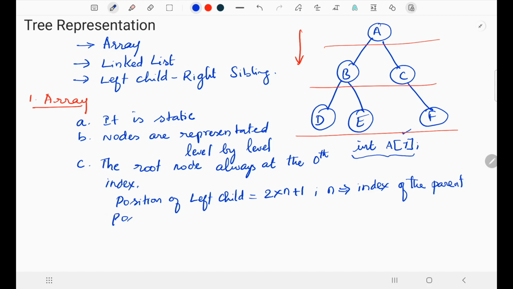And the position of the right child equals 2 into n plus 2, same thing, where n is the index of the parent.